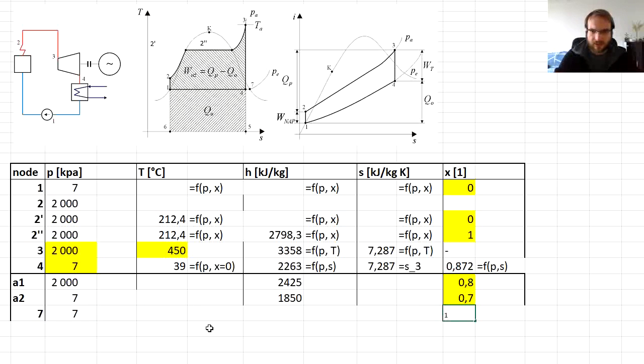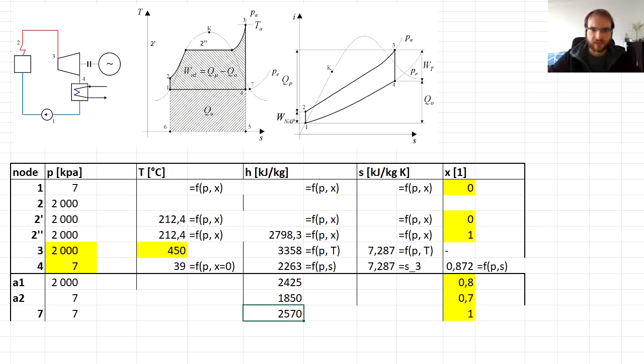The steam quality is 1, it's the saturated vapor. And from our diagram we obtained the value of enthalpy of approximately 2570 kilojoules per kilogram.